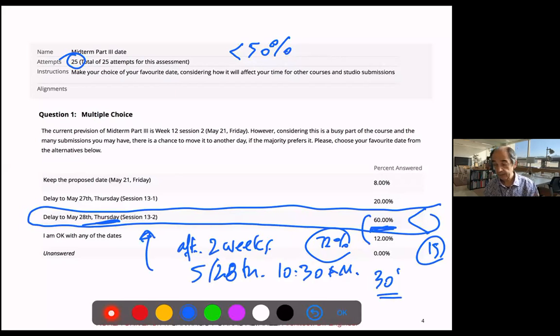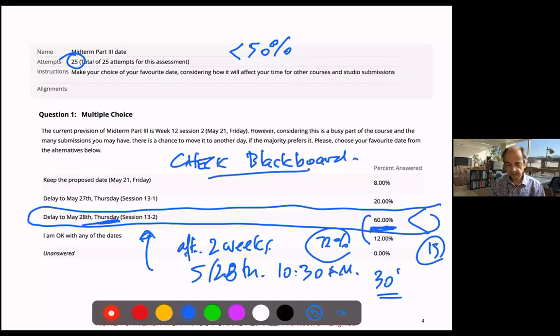So you'll have news notices. As usual, check Blackboard to have the latest news. So that's one thing today.